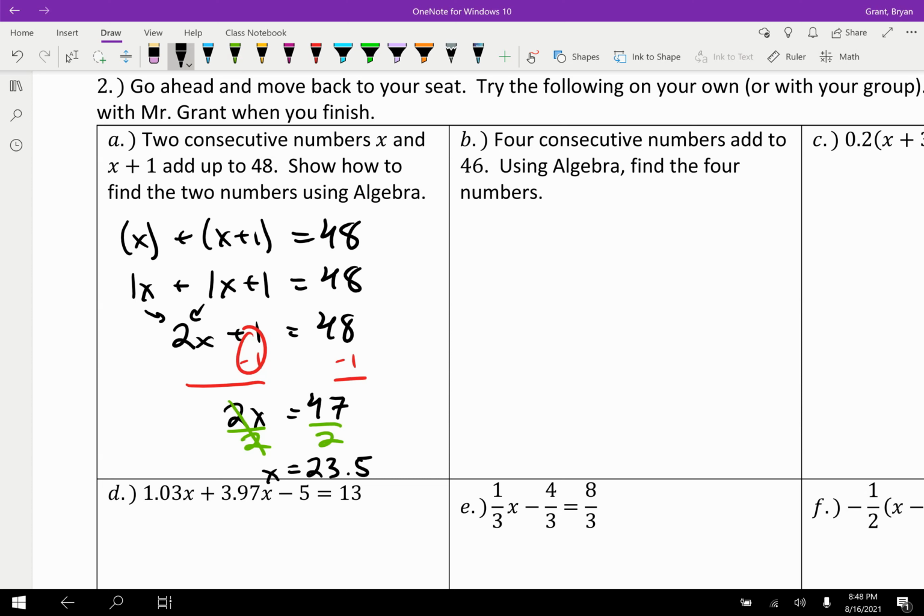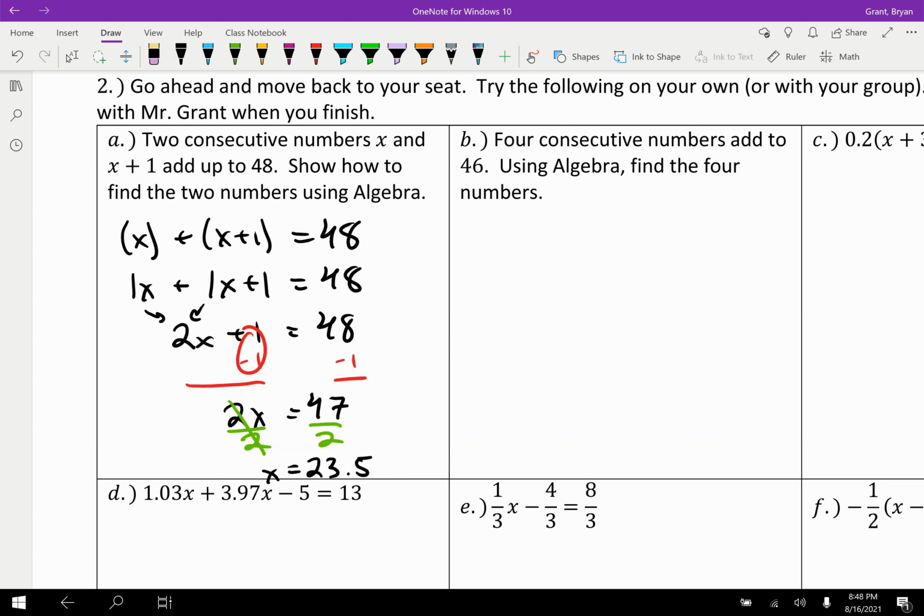Well, part of math is making sure that your answers are reasonable. We were able to set up the problem as labeled and try to solve, but we got an answer that didn't make sense, because when they say two consecutive numbers, they probably meant two consecutive integers. This is not an integer, it has a decimal.